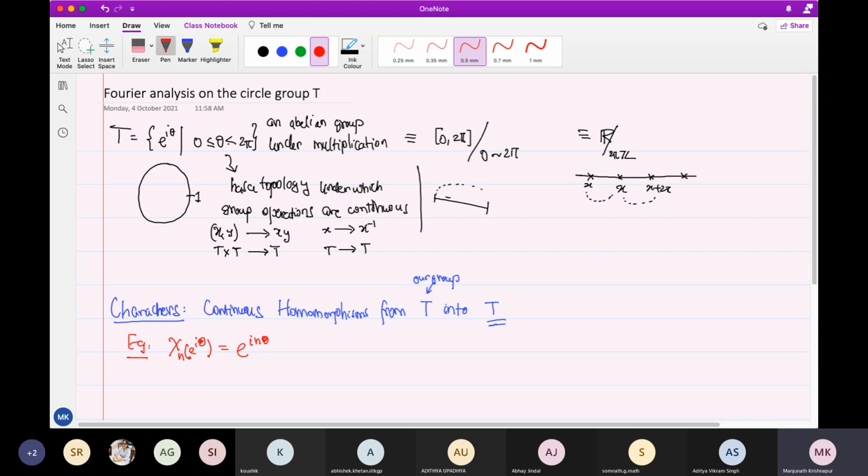I could perhaps have written just z goes to z to the n. It's the same. So I have to remind myself, I write e to the i theta instead of z. So z goes to z to the n. So this is a map that takes an element of our group and gives another element of this group, and it is a homomorphism. For any n, it is a character.